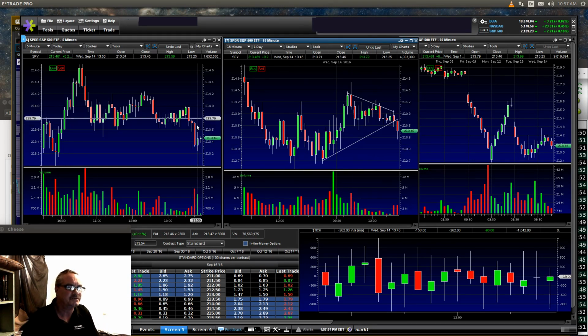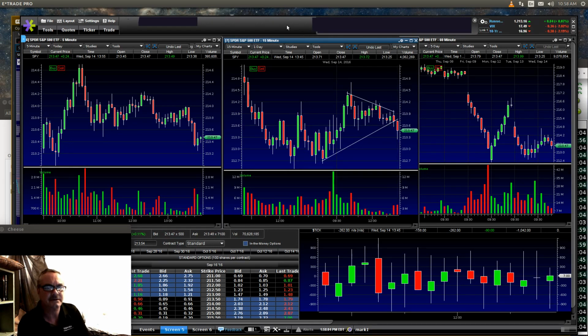I'd want to see this real estate here bought up, and I'd want to see this candle close a little higher with a lot more volume behind it. Call that a reversal. And with 2 minutes to go, I don't think it's going to do it.